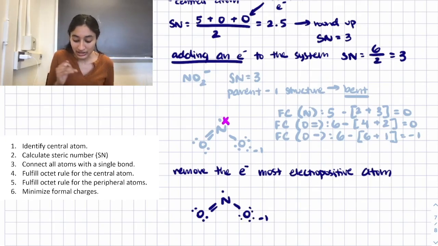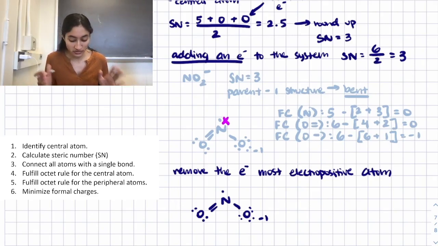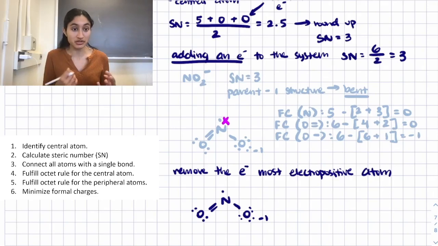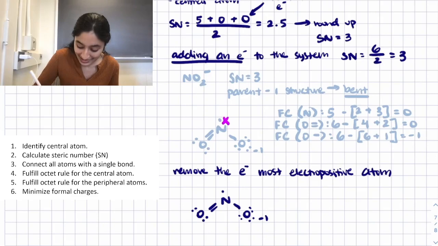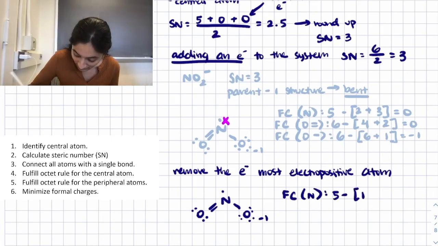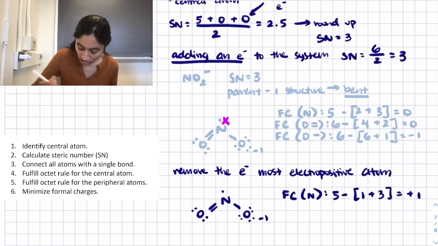Now the only thing that I need to add to this is that I haven't changed any of the formal charges for my oxygens. They retain the same number of lone electrons and bonds. But by removing an electron from nitrogen, I did change the formal charge of nitrogen, so I'm going to have to recalculate that. Now I have only 1 lone electron and 3 bonds, so I have a formal charge of +1.